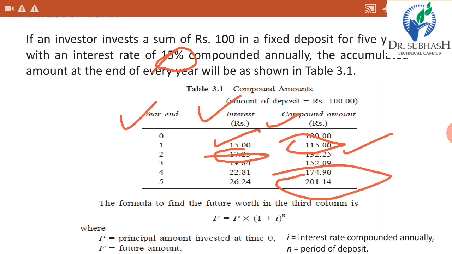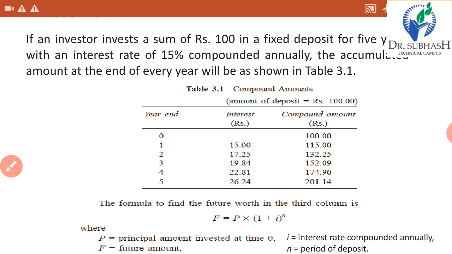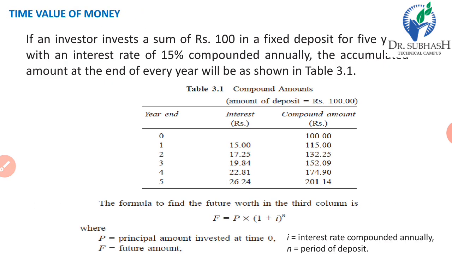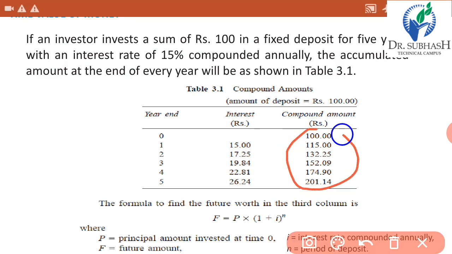Now, how can we find this compound amount? There is a formula. The formula to find the future worth in the third column is F = P(1 + i)^n.